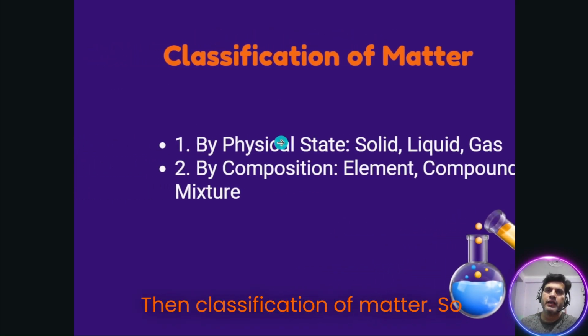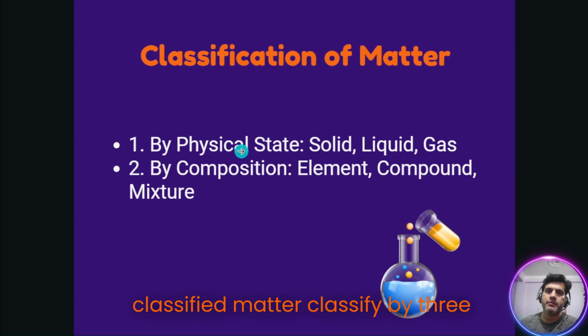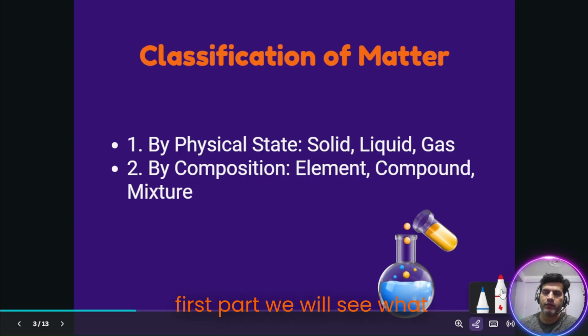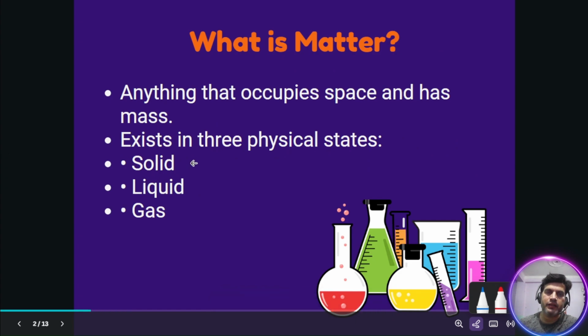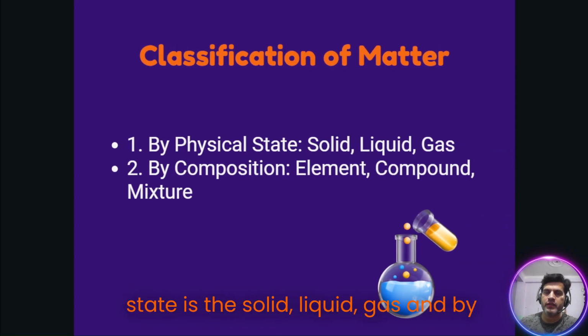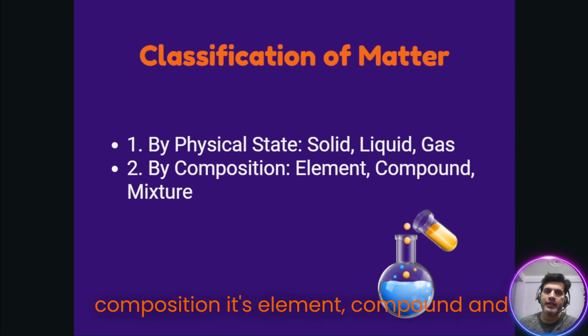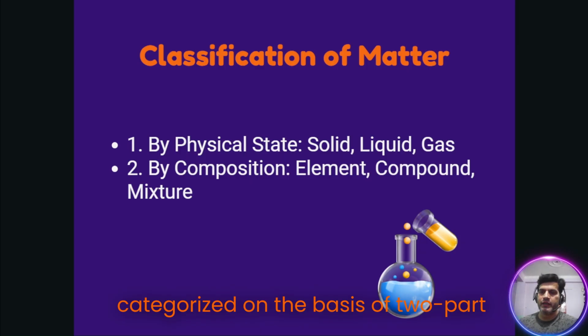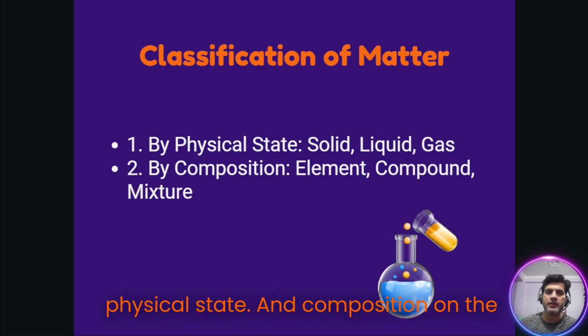Then classification of matter. Matter is classified by physical state, which is solid, liquid, gas, and by composition, which is element, compound, and mixture. So matter is categorized on the basis of two parts, physical state and composition.